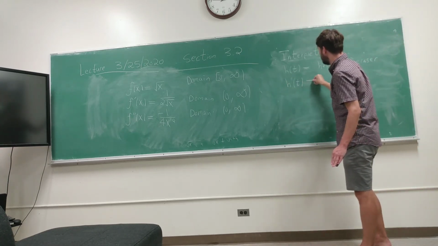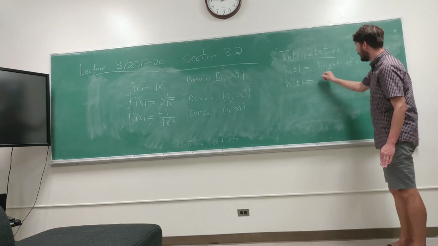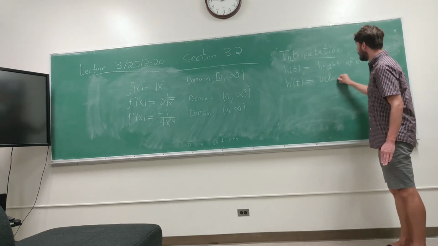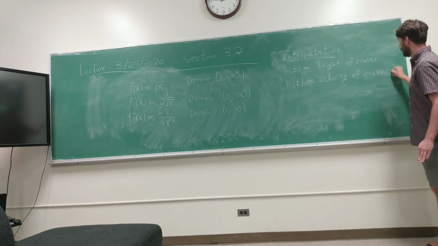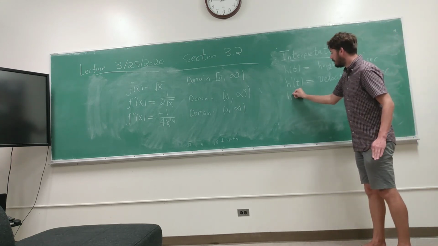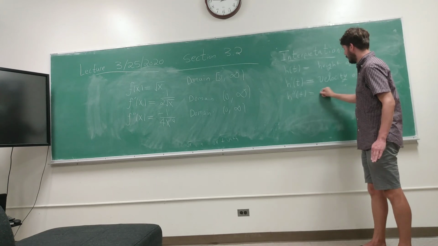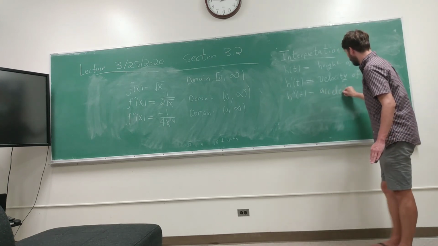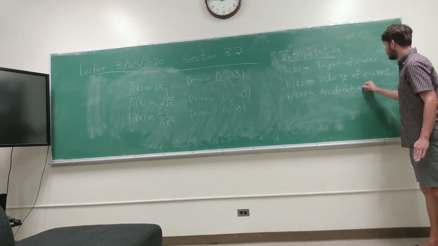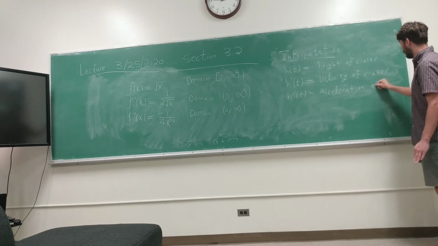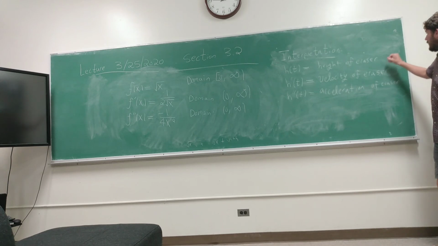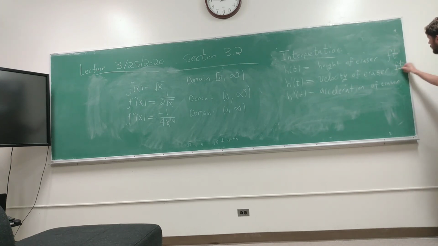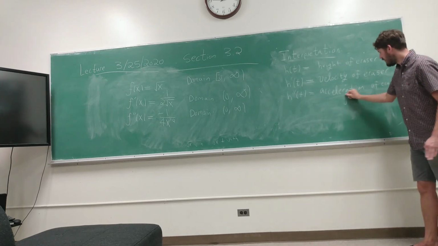What's h prime of t going to be? It's going to be the velocity of the eraser. And h double prime of t is going to be the acceleration. What are the units for this? These are in feet, these are in feet per second, and this is in feet per second squared.